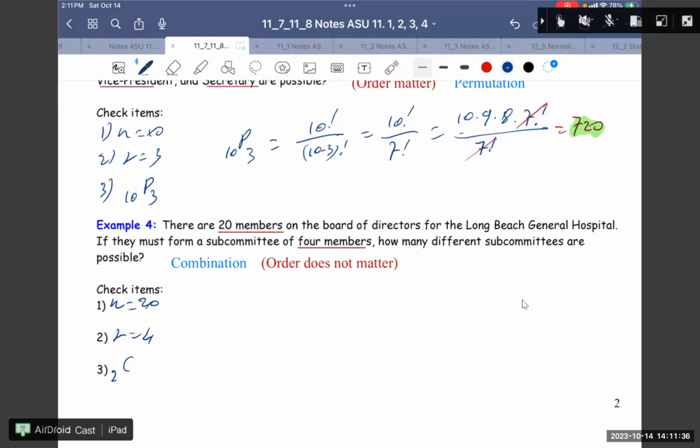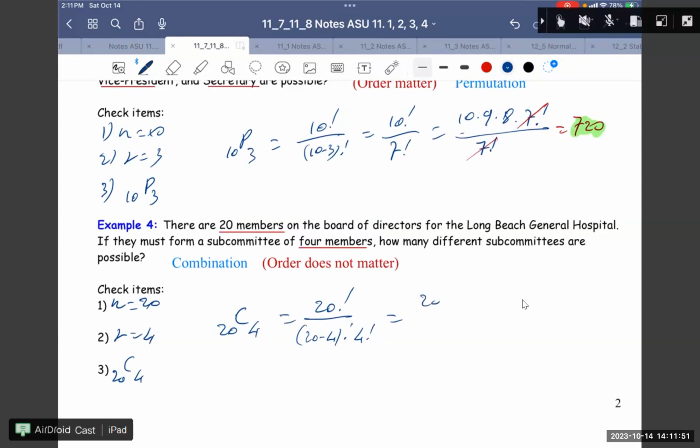so we use C, 20 choose 4. So C of 20 to 4 is 20 factorial over 20 minus 4 factorial and 4 factorial. So we get 20 factorial over 16 factorial and 4 factorial, right?